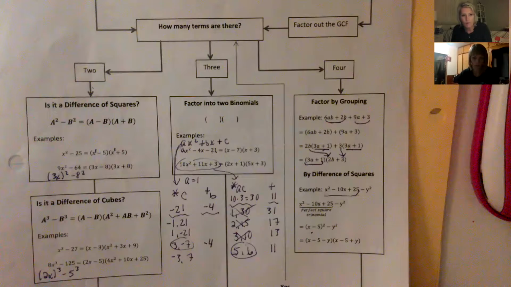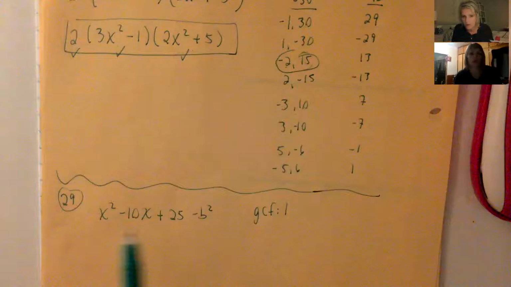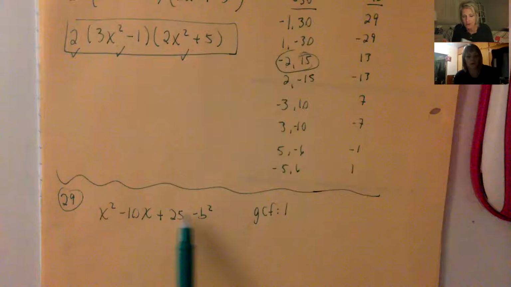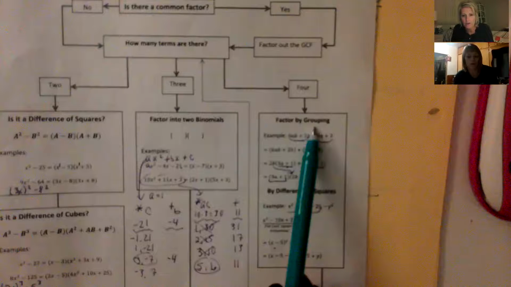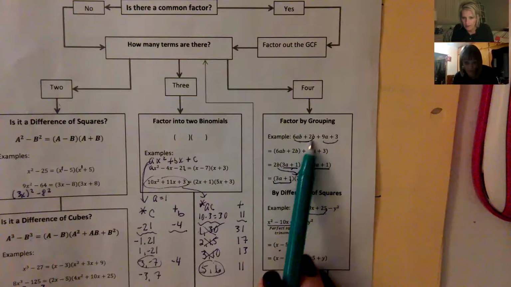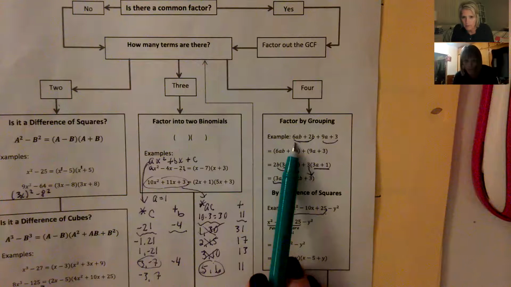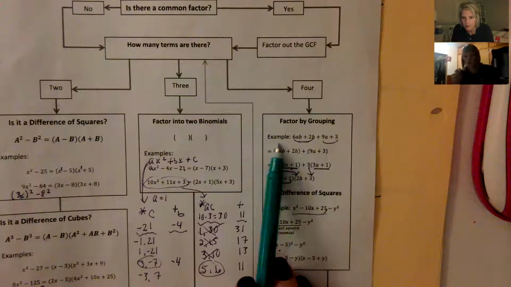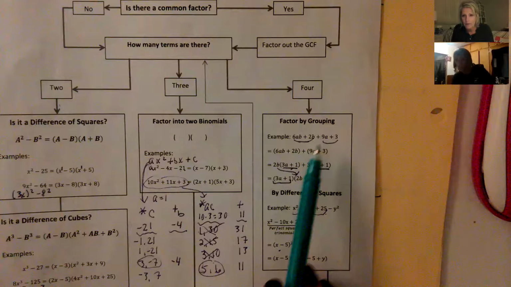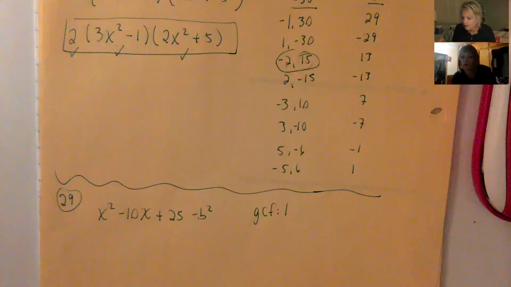Again, my factoring flow chart: I have 4 terms, right? 1, 2, 3, 4. I have 4 terms. So my only option is this factor by grouping on the flow chart here. And factor by grouping means we're going to group 2 terms together, pull out that greatest common factor, and then group 2 together and pull out that greatest common factor.